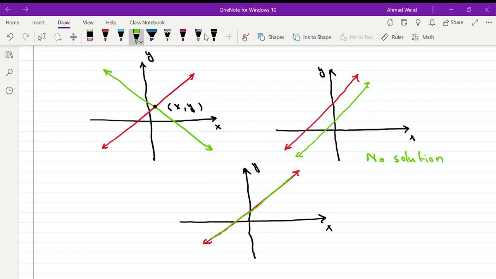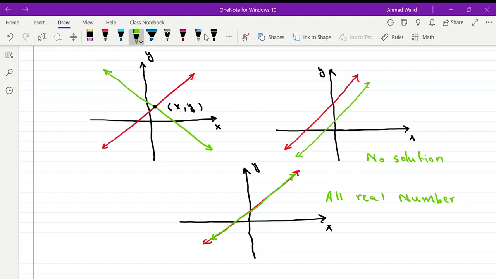Both equations are giving the same line. They are on the top of each other. In this case, you have all real numbers. Why all real numbers? Because every single point of these two lines, they are intersecting each other. That's why you have infinitely many solutions, or you can call it all real numbers. Correct?